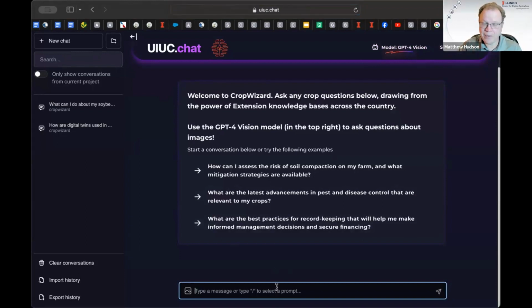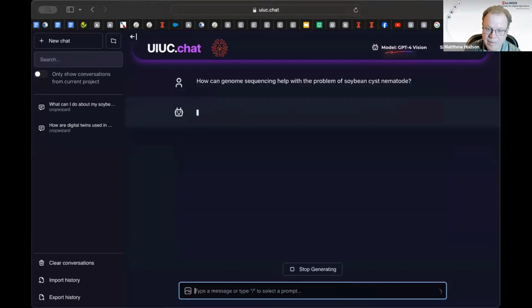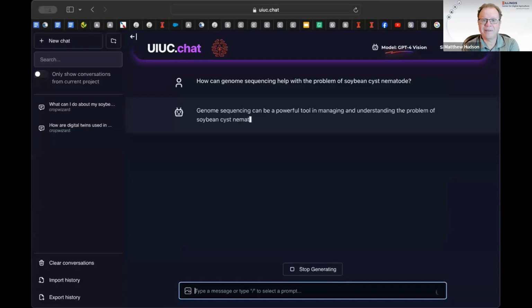If we ask it a question, for example, how can genome sequencing help with the problem of soybean cyst nematode? It's going to take a little while to think about that one, and it may not have a lot on genome sequencing because it is trained mostly on cooperative extension material.